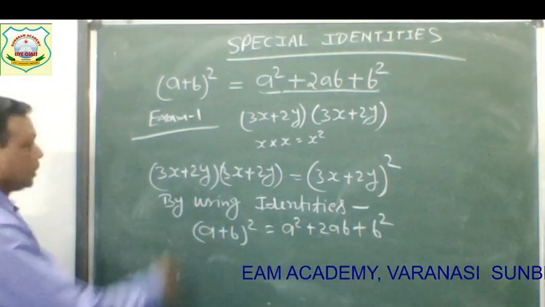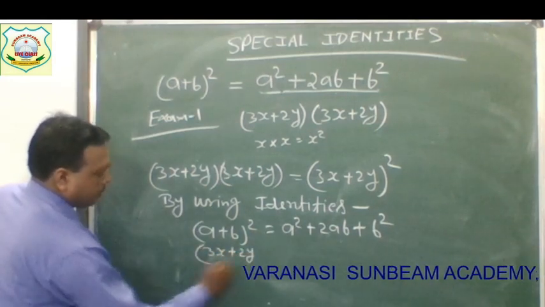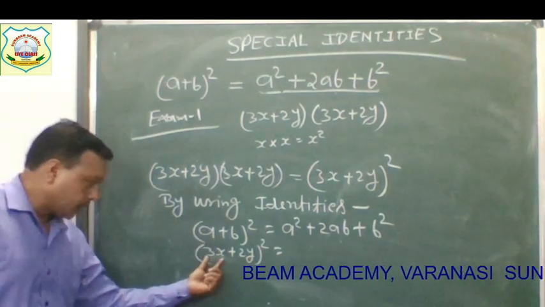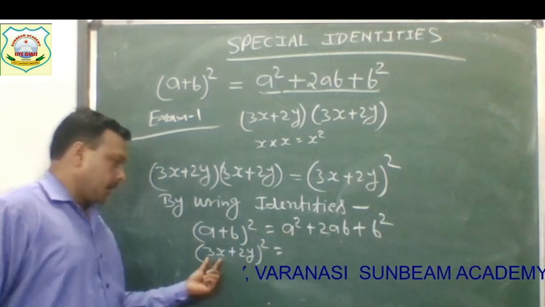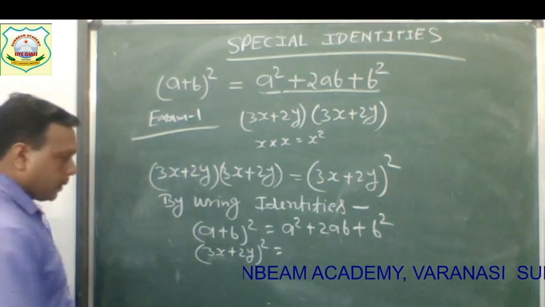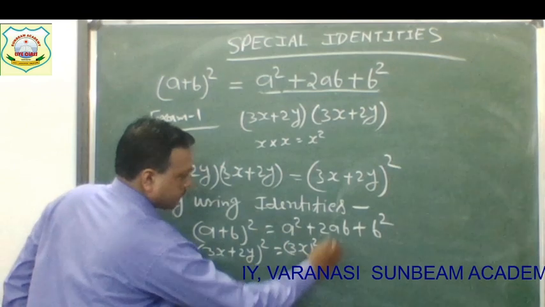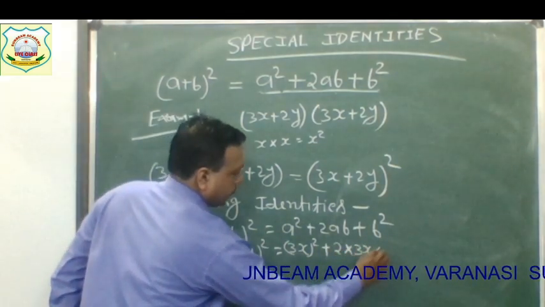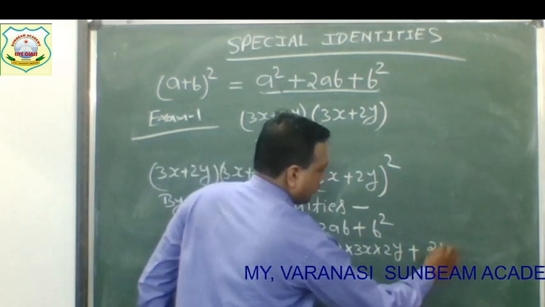Clear students? So here you will write (3x plus 2y) whole square equals. Students, a value is 3x and b value is 2y. So in place of a we will write 3x and in place of b we will write 2y. So, (3x) whole square plus 2 multiplied by a value 3x multiplied by b value 2y plus b value 2y whole square.